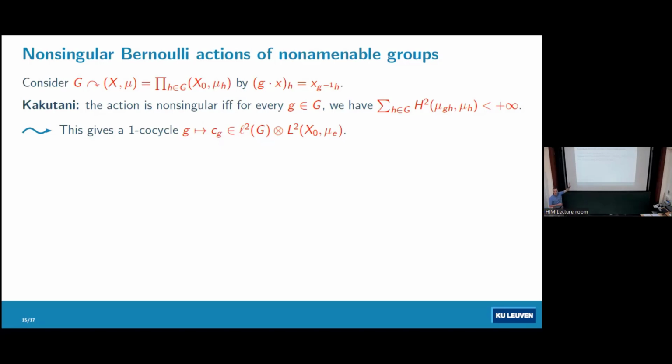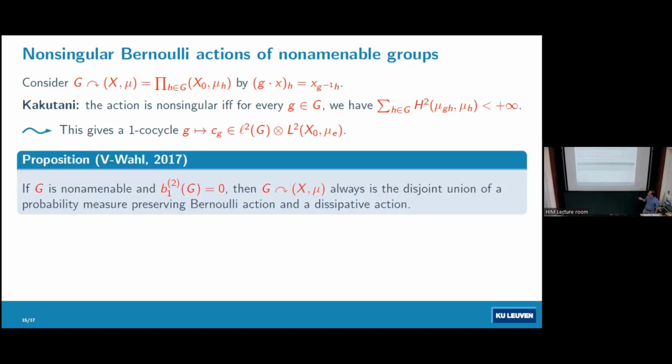Now, if you remember the definition of the Hellinger distance, which was this L2 distance between two vectors, you already see that by construction, this Kakutani criterion gives you a one cocycle for the group with values in L2 of G tensor L2 of the base space, where on L2 of G we are acting by left translation. So the initial data of a non-singular Bernoulli shift comes with a one cocycle into the regular representation.